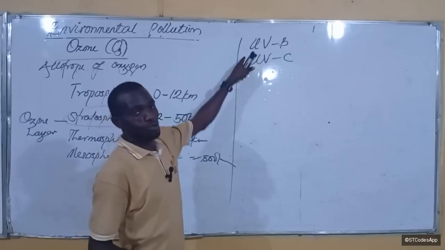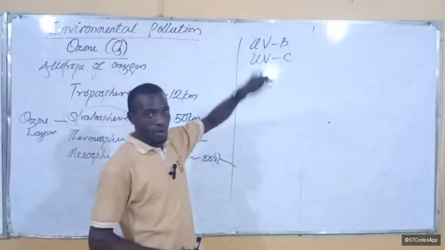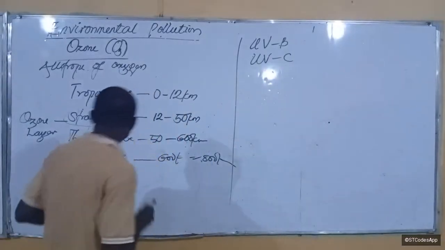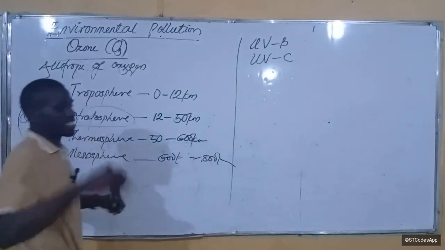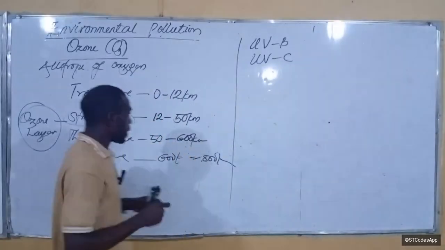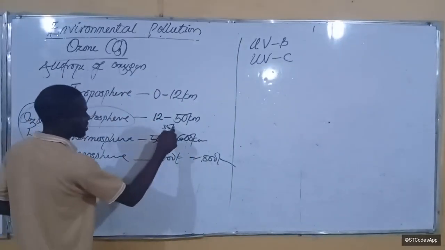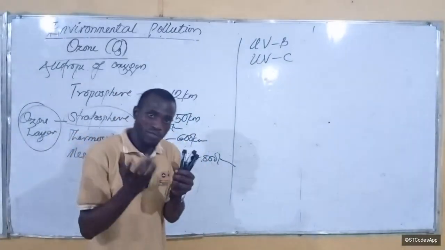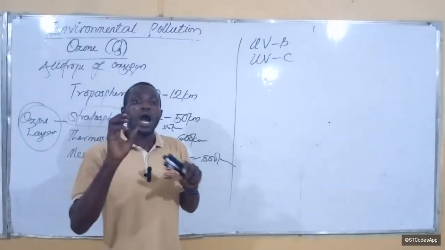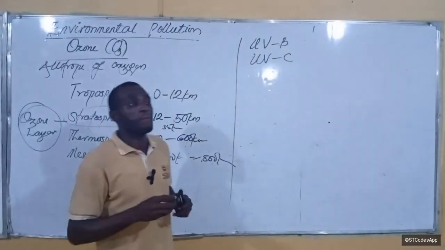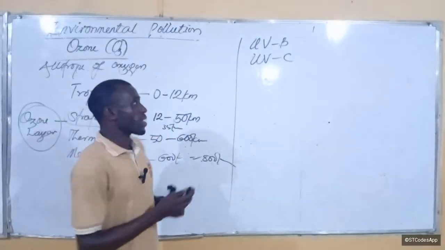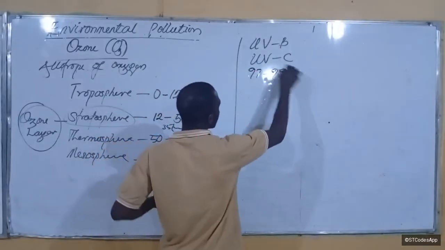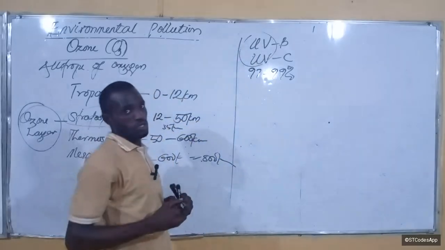The ozone layer, at about 35 kilometers above sea level, prevents about 97 to 99% of the UV radiation that comes from the sun.